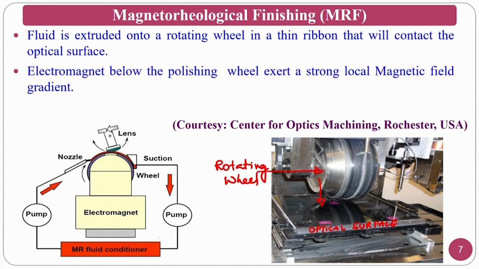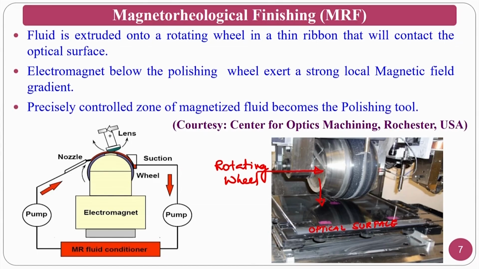The electromagnet below the polishing wheel exerts a strong local magnetic field gradient, and a precisely controlled zone of magnetized fluid becomes a polishing tool. In the schematic diagram, you will have a magnetic fluid conditioner, and you will have the MR fluid in the MR fluid conditioner.